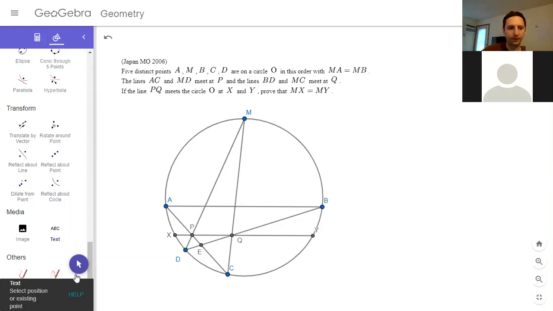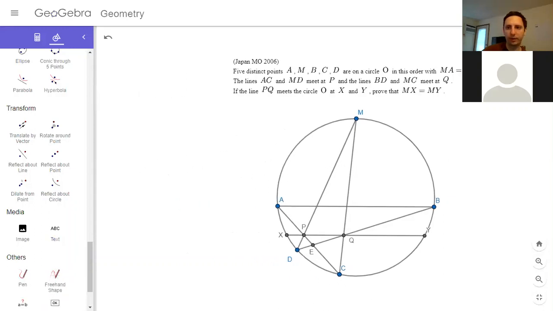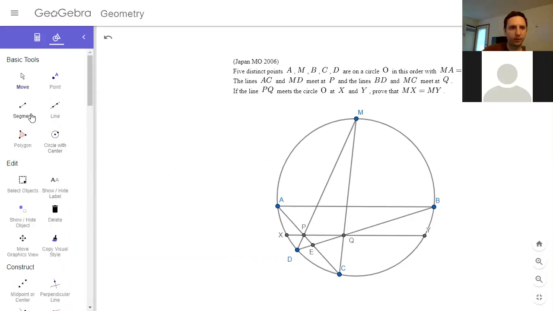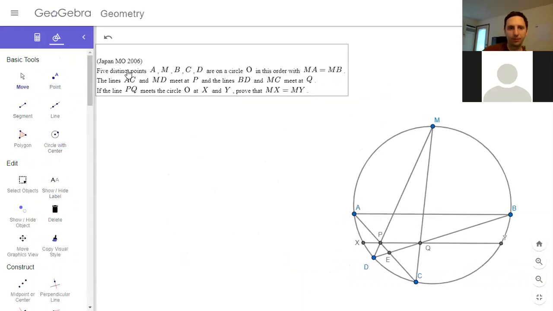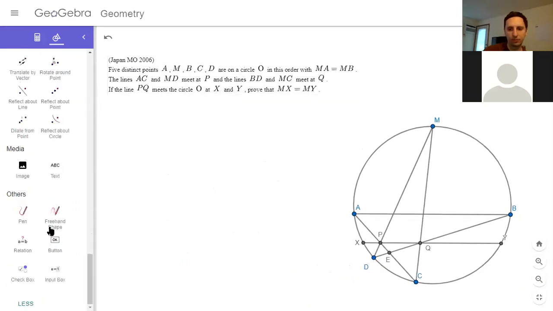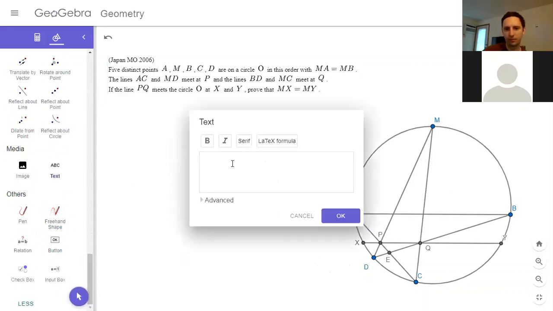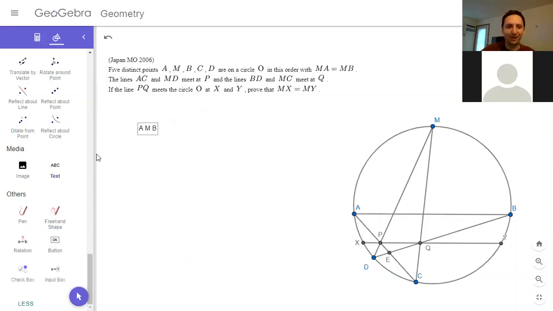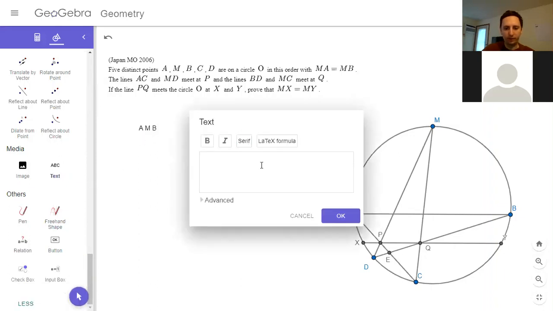So if I write out the 6 points, sort of like this, I'm kind of bad at applying Pascal's theorem in a degenerate form. And then MCD or something like that.